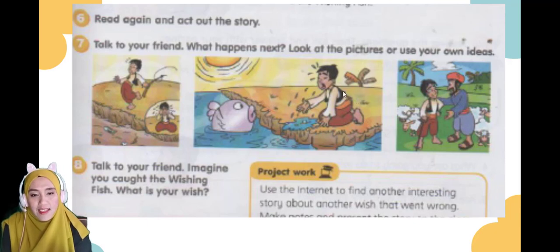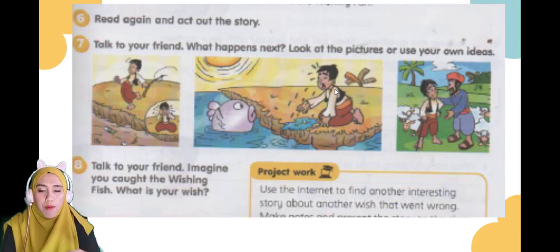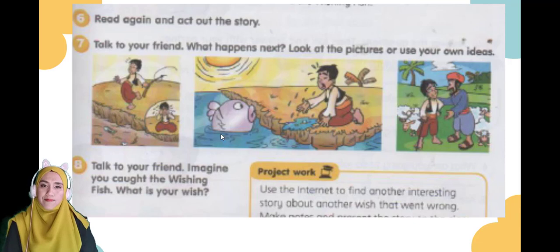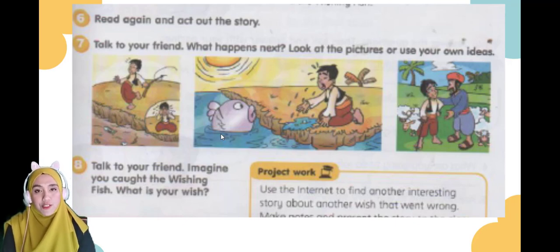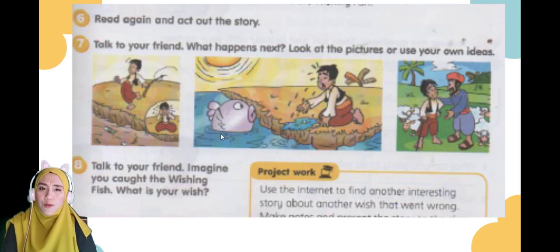Yes. And then, what do you think Omar said to the wishing fish? I think that he asked the wishing fish to give his sheep back. And then what do you think the wishing fish said back to Omar?